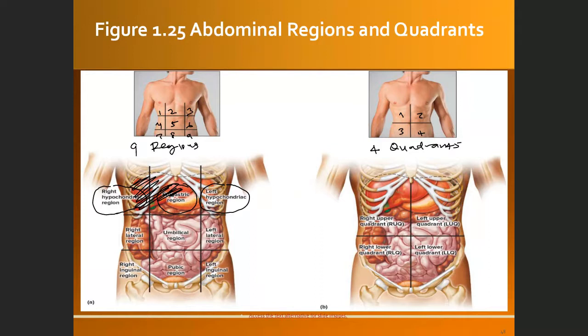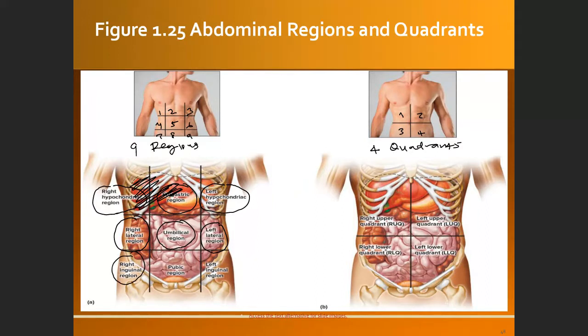Then the right lateral region. This is mostly the large intestine, especially the ascending part of the large intestine. The umbilical region is the middle region, and this is mostly where the small intestine is located. The left lateral region is also the small intestine and the large intestine, especially the descending part. And then the right inguinal region.